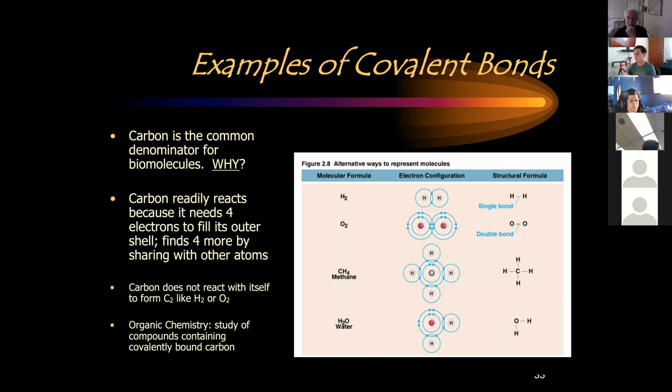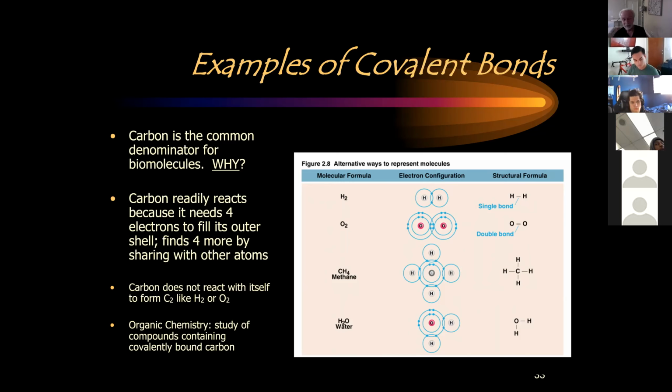If it shares its outermost electrons, it can share them with a lot of different things, but what it's always trying to do is share sufficiently so that it has 8 electrons in its outermost shell.